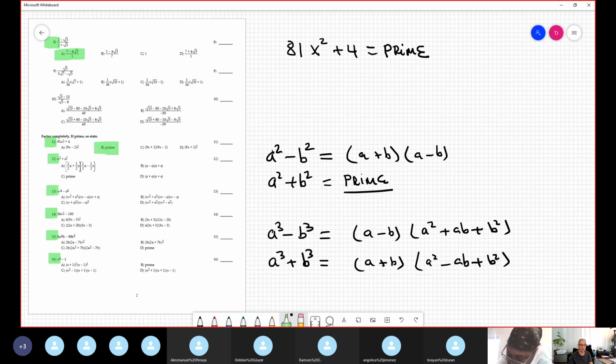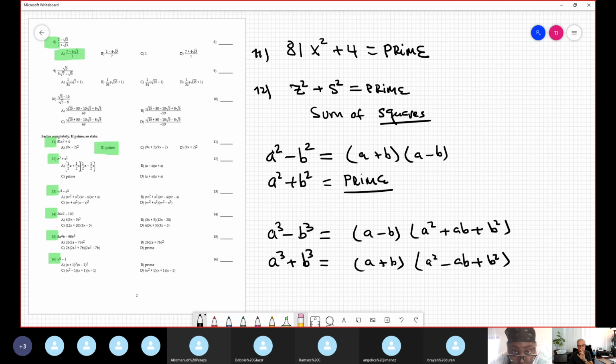That was number 11. Number 12 is the same thing: z squared plus s squared. It's also prime because it's a sum of squares, and a sum of squares, by definition, is prime, and we cannot do anything.